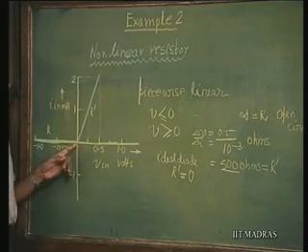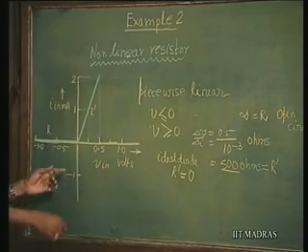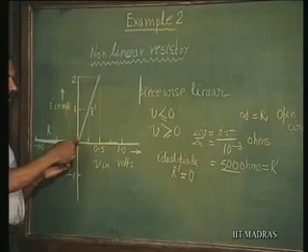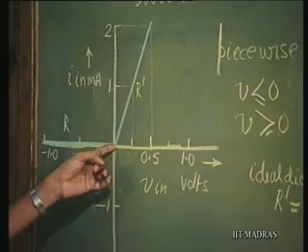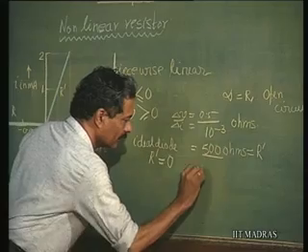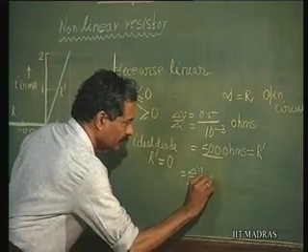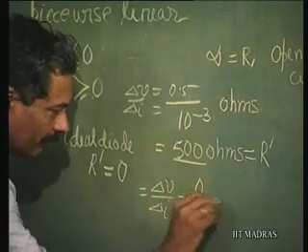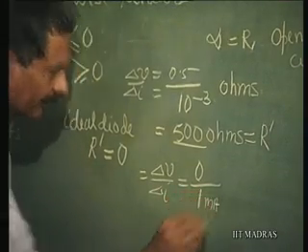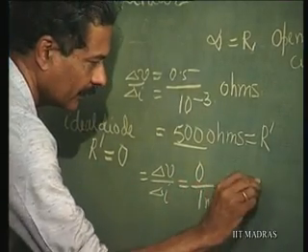R dash is 0 means what? Whatever be the change in current, may be 1 milliampere, the change in voltage is 0. So, delta V divided by delta I is equal to 0 whatever be the current. You can have a 1 milliampere change, it does not make any difference. So, the resistance is uniquely 0.